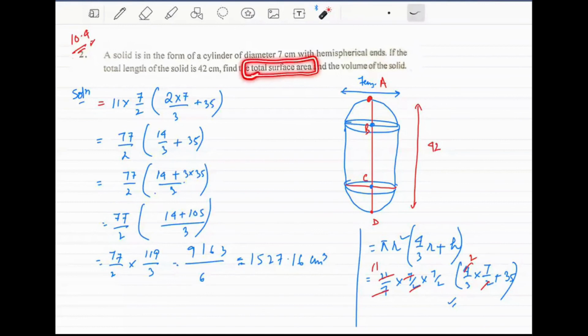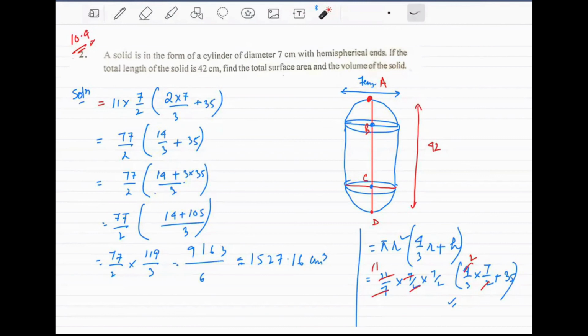Total surface area: we will have to take the surface area of this part, and we will add them all together. One of the hints that I want to give you all is don't just put in the value directly. You can find out the surface area of this separately and add them together, but that will take longer than what we are doing right now.